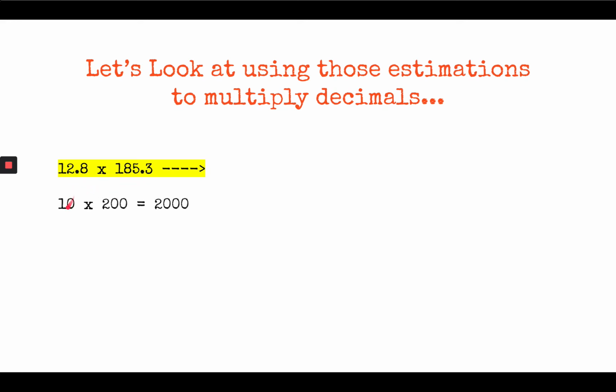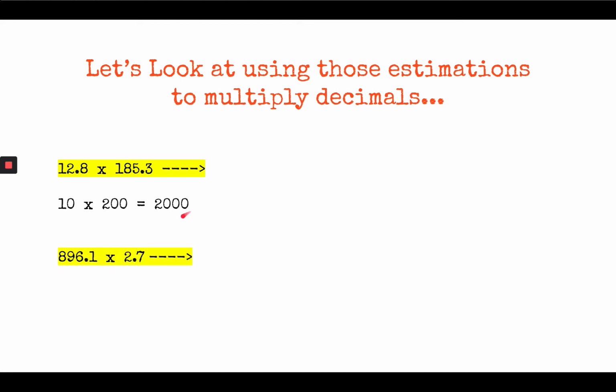Well, 12.8 could be rounded to 10, and 185.3 can be rounded to 200. So what's 10 times 200? We know it's 2,000. And if you don't remember, 1 times 2 is 2, and count your zeros. 1, 2, 3, 1, 2, 3. You guys should know this from 4th grade too, and we did a little bit this year with that.